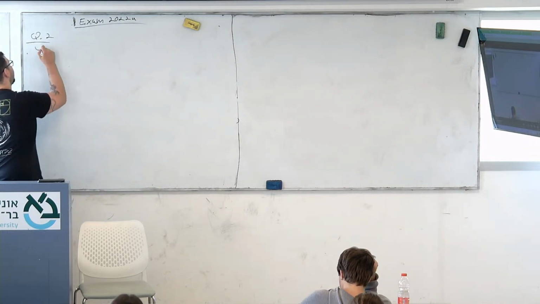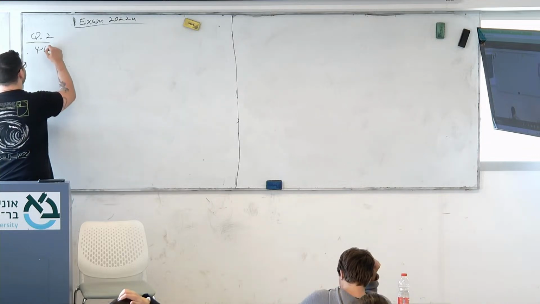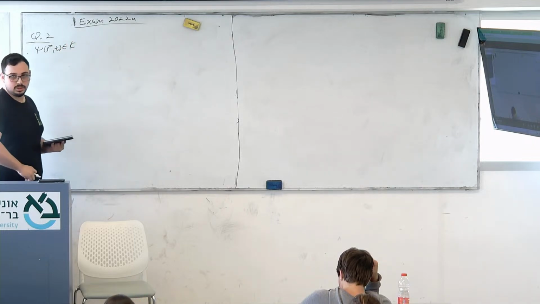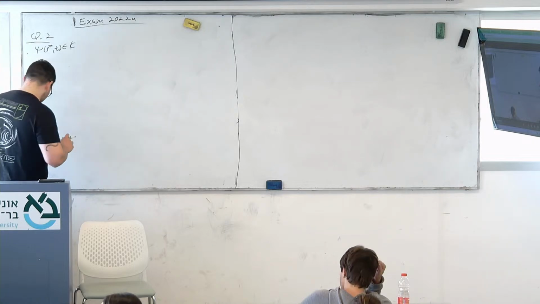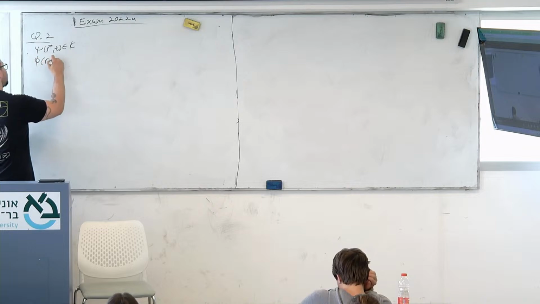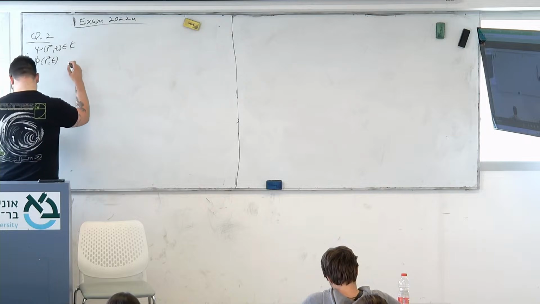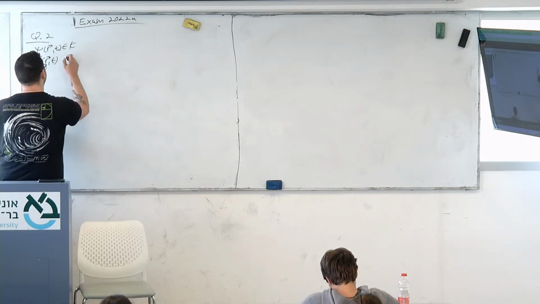We have a field psi, which is a complex field. It's very important to note in this question which fields are complex and which are real. And then we have field phi, which is also a complex field this time.